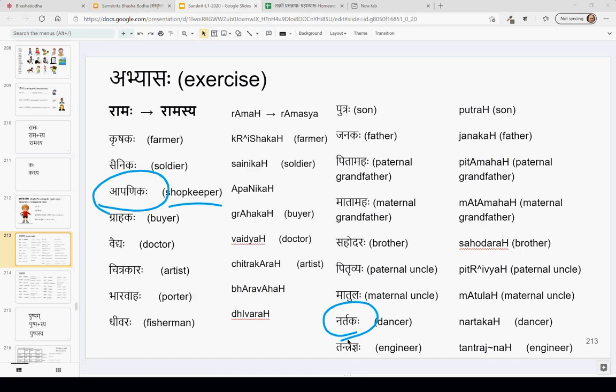Nupuram is what you tie on the feet. Kankanam, I think she wants to say kankanam. Okay, kankanam. Yeah, bracelet. Kankanam. Thank you. And then perhaps brother, Sahodaraha.